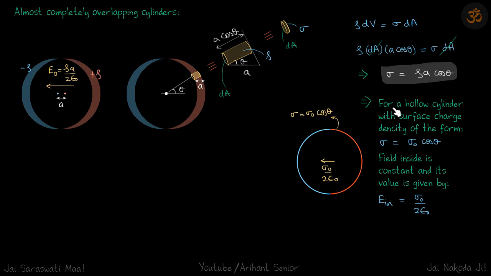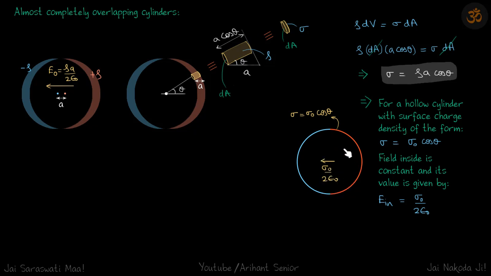For a hollow cylinder with surface charge density of the form sigma naught cos theta, the field inside is constant and its value is sigma naught by 2 epsilon naught. We did not do any calculation to find the field inside a hollow cylindrical shell with surface charge density of the form sigma naught cos theta.